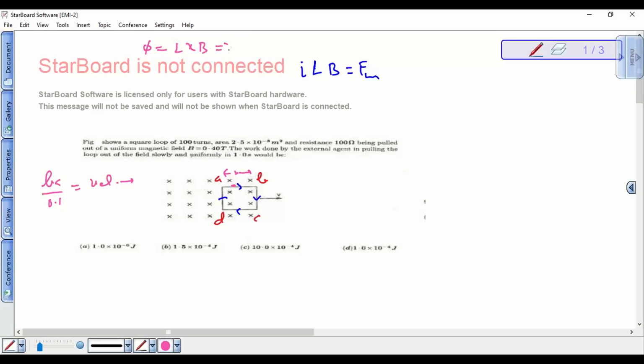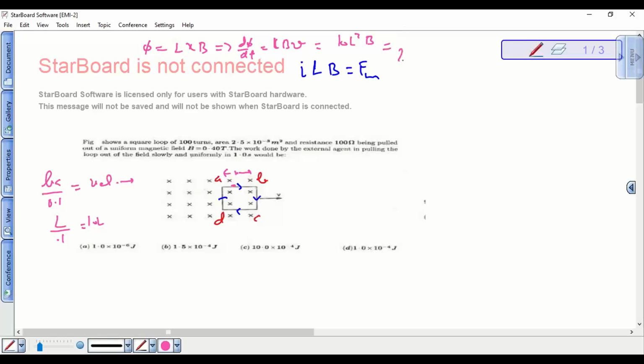The rate of change of flux will be given by, because L and B are constant, dx by dt, which is simply v, the velocity of the point B. So this velocity is basically L upon 0.1, which is 10 times L. So you take this as 10 times L square into B, where L square stands for the area of the loop.